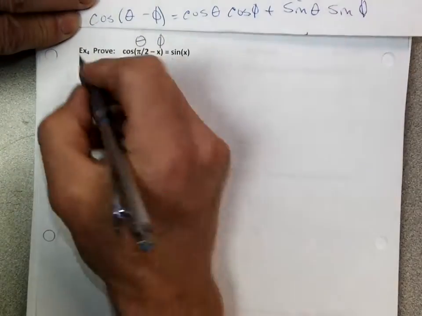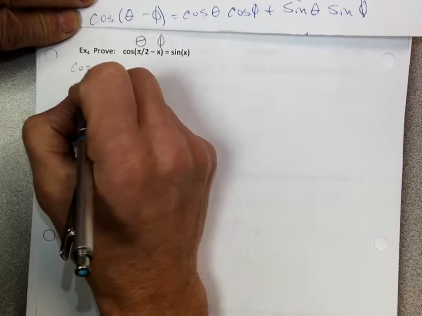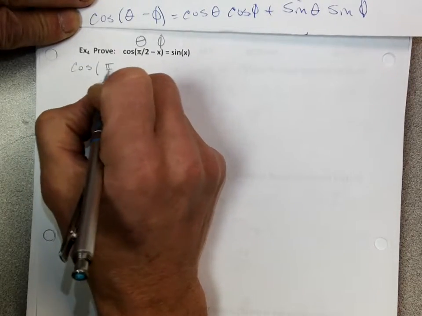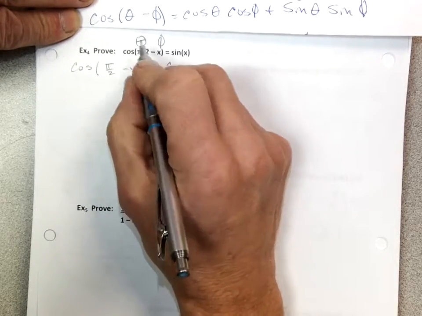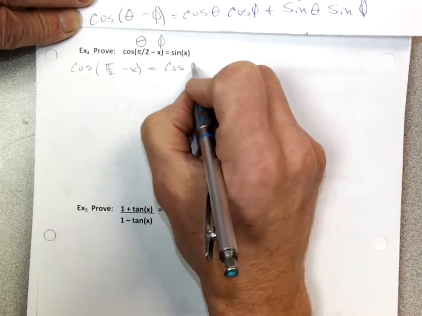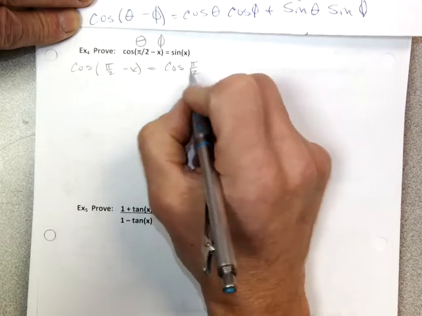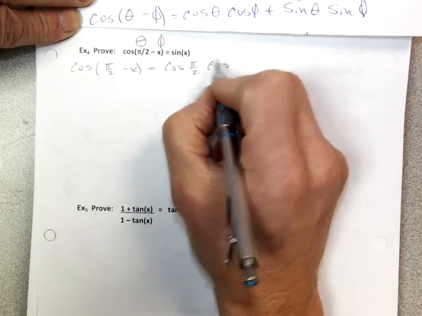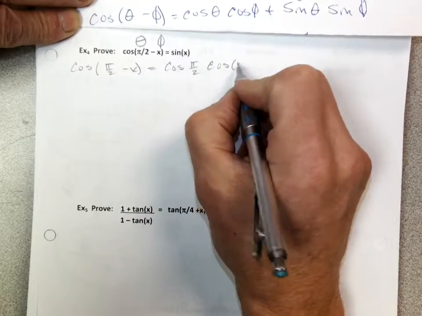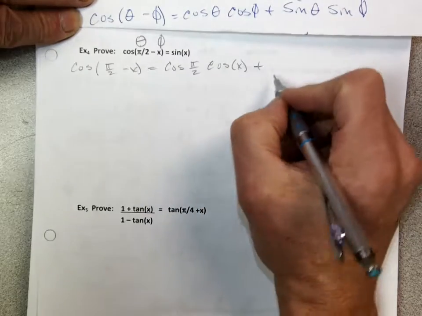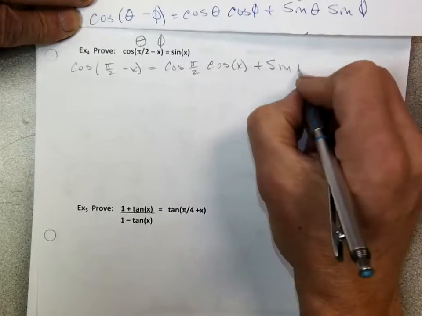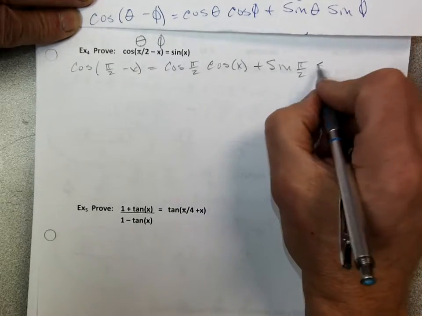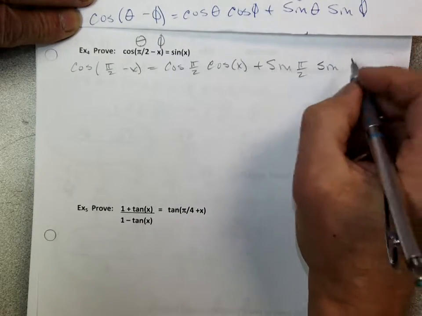We're going to rewrite this as cosine of pi halves minus x is equal to cosine theta, which is pi halves, times cosine phi, which is x, plus sine of theta, which is pi halves, times sine of phi, which is x.